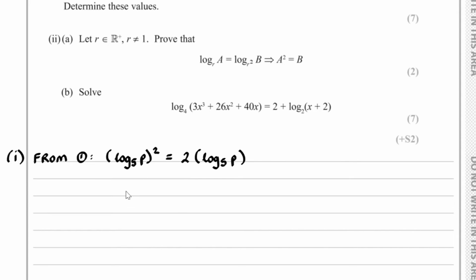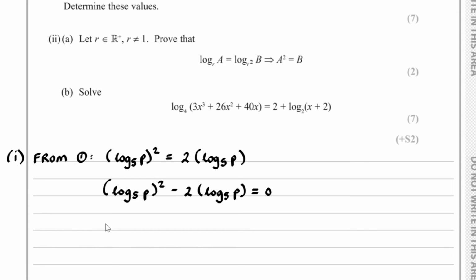And if I rearrange, I've got log base 5 of p squared minus 2 multiplied by log base 5 of p equals 0.